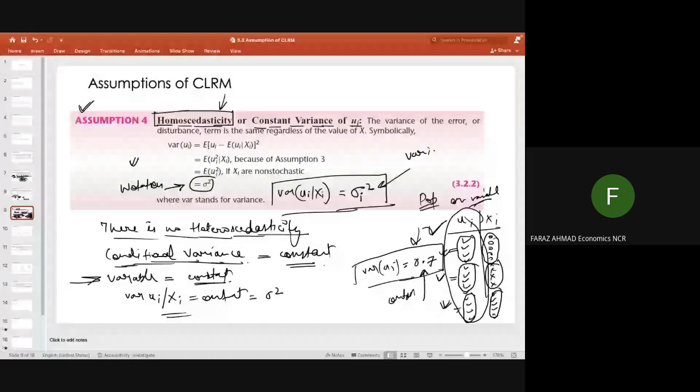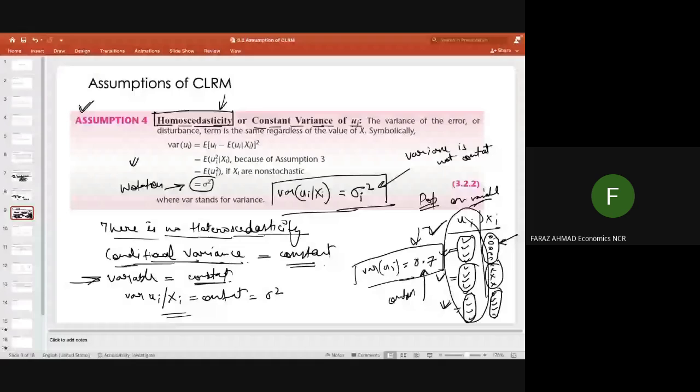Now, if you see a small i here, it means the variance is changing. Variance is not constant.